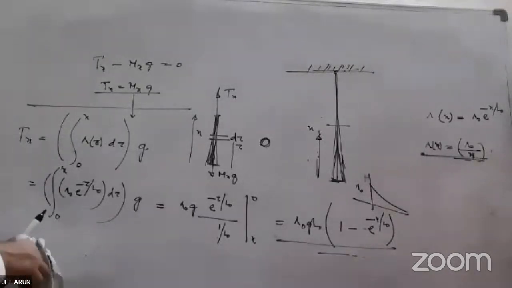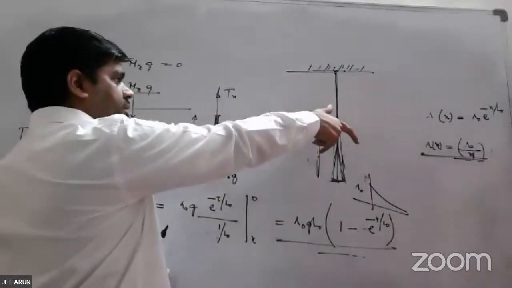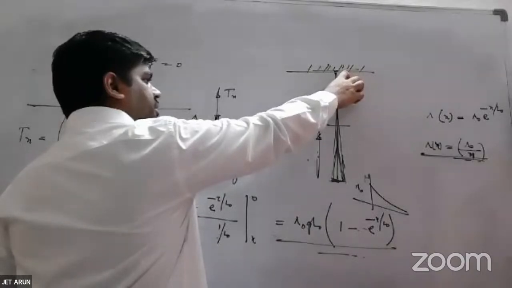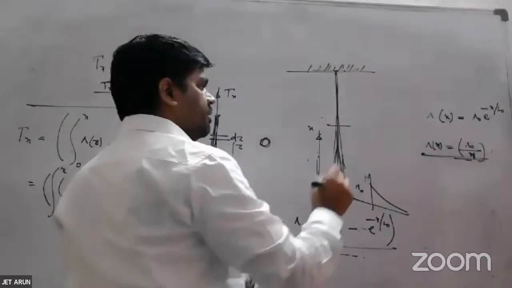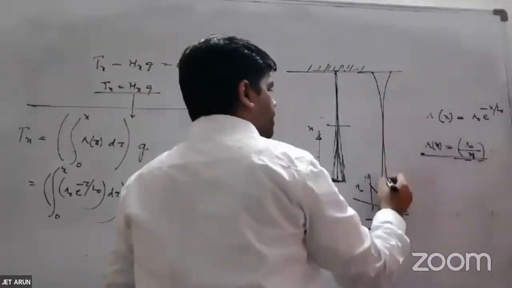Now, what if I invert the string like this? That means I hang it from here, thicker part here and thinner part here. I mean, let the thinner part hang.